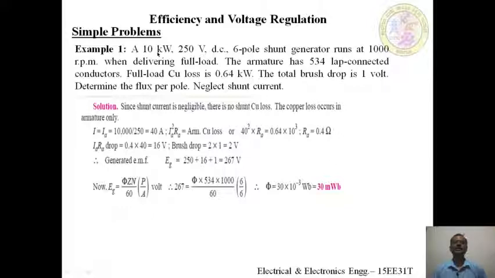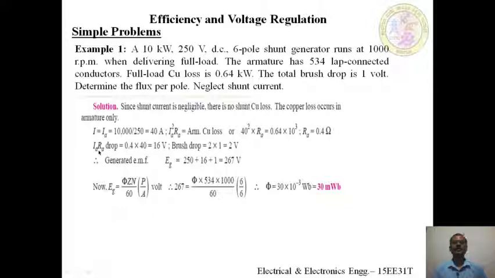Output is given as 10 kilowatt, divided by voltage, so the load current is 40 ampere. Then armature copper loss is IA square RA. The armature copper loss is given as 0.64 kilowatt, that is 640 watt. From that we can calculate the value of RA.